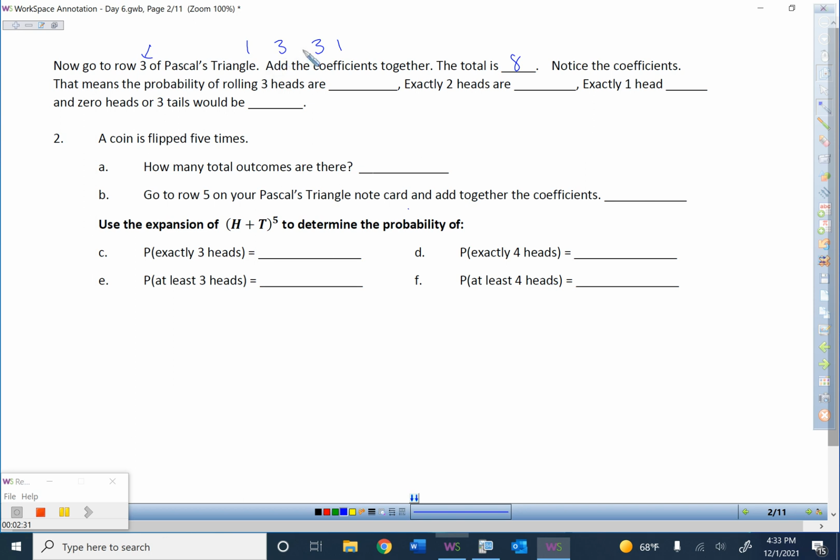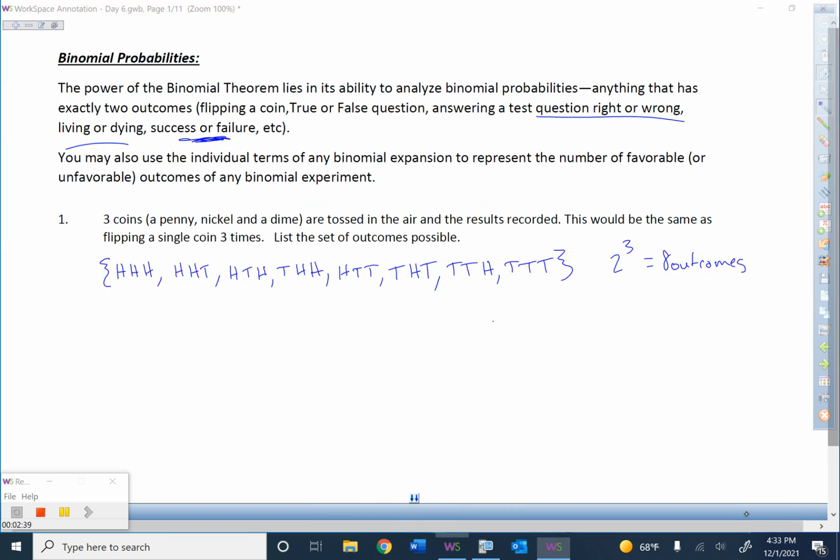But these numbers go back to our sample set that we were just talking about. So here, there was 1 way to get 3 heads. There were 3 ways to get 2 heads. There were 3 ways to get 1 head. And there was 1 way to get no heads at all.